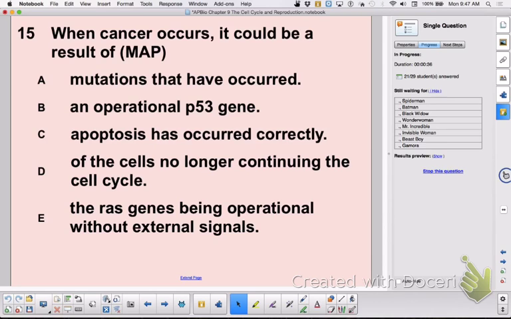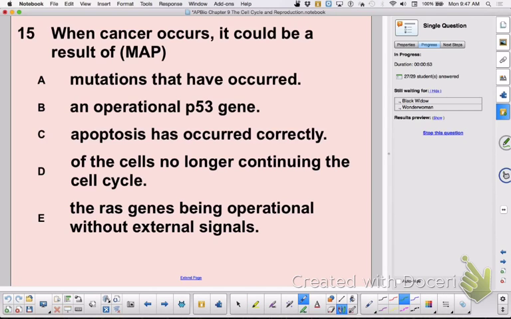Every word on that choice is familiar, right? Yes. So you have to be able to differentiate between what it's saying. Just because there is maybe a true statement, it doesn't mean it's true to the question I asked. So you got to be careful. Before I hit stop, let's go through it. When cancer occurs, it could be a result of mutations that have occurred. Do you think that's true? Yes. I agree. An operational P53 gene?